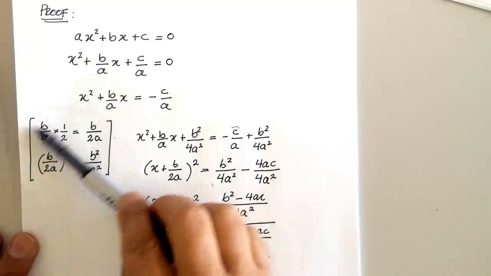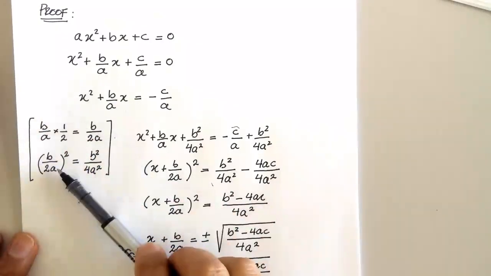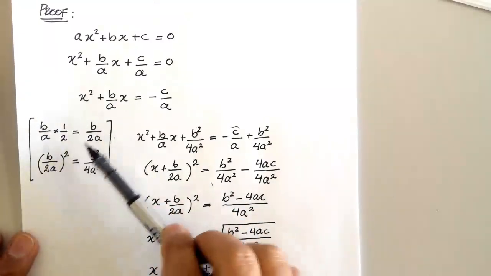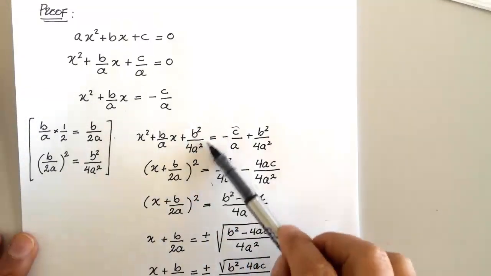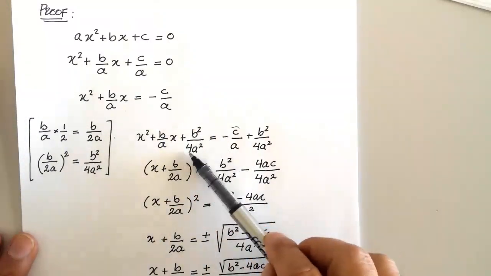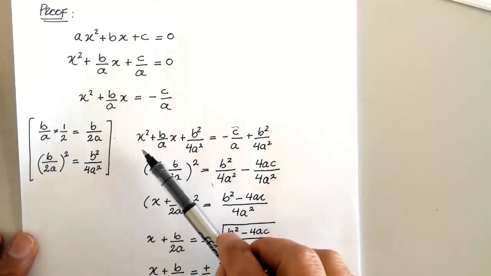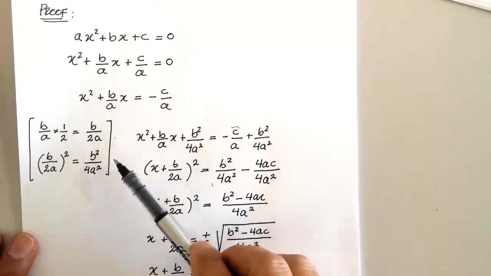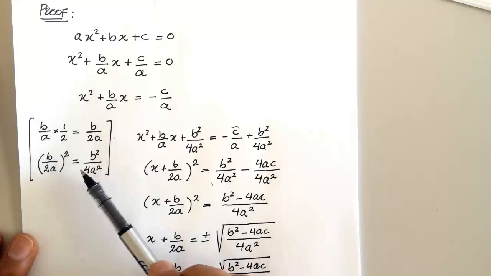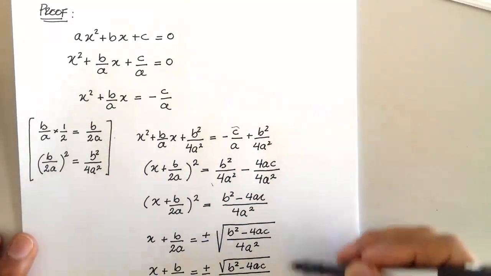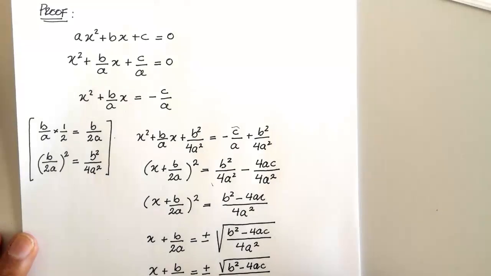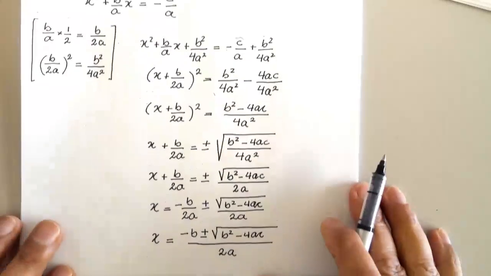So this here in the big bracket is just an explanation of where this is coming from. This is the missing term from this trinomial. And then you go from here all the way down until you show that the formula is actually true.